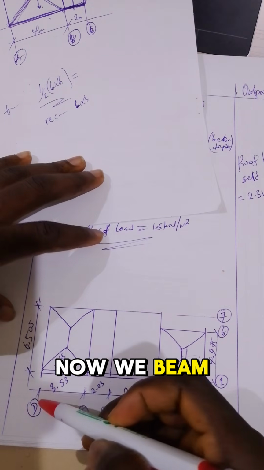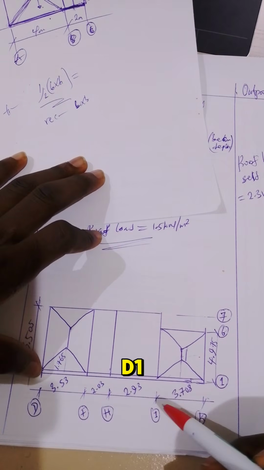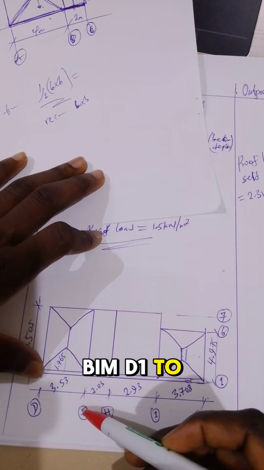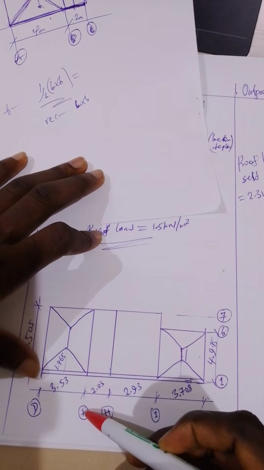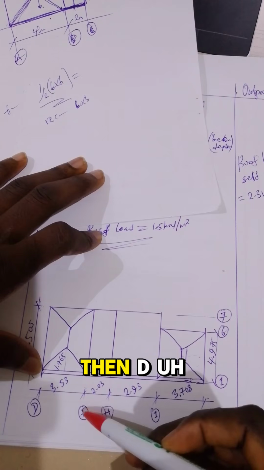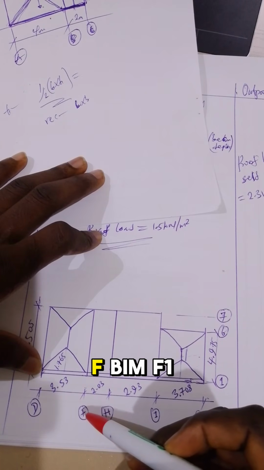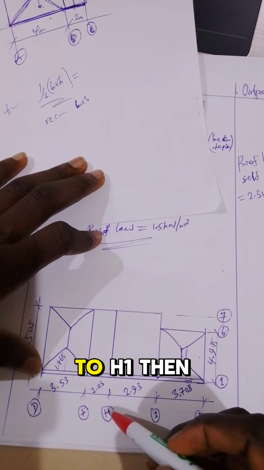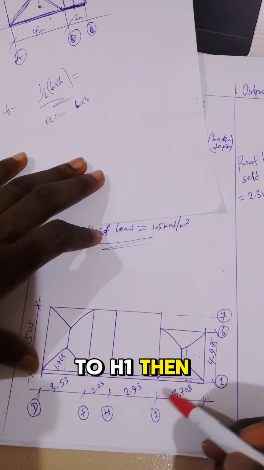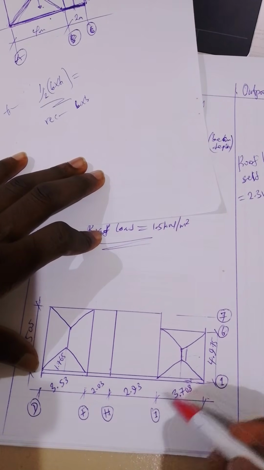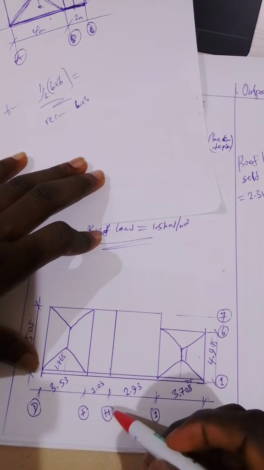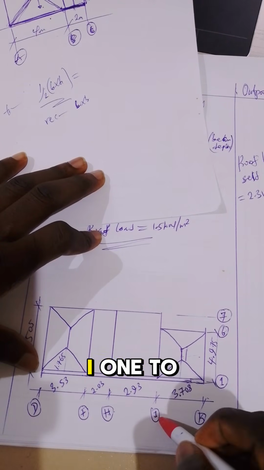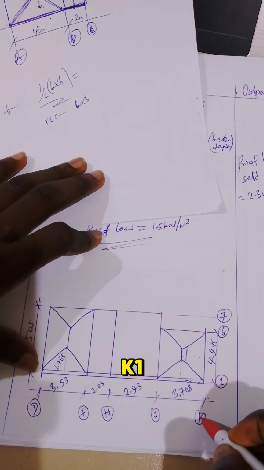Now we have beam D1 to F1, then beam F1 to H1, then beam H1 to I1, then beam I1 to K1.